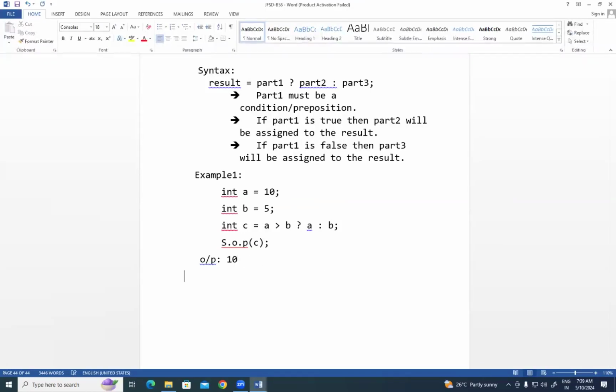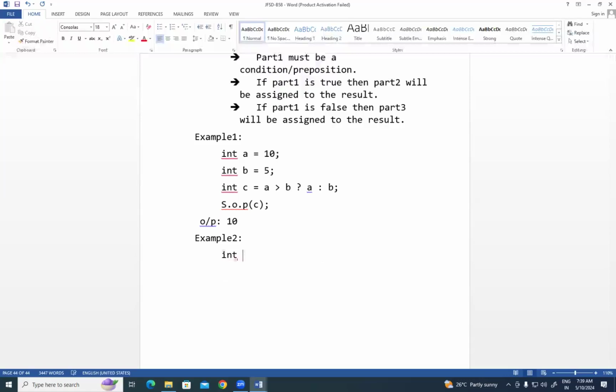Example 2. Let's say I have int A equals to 5, B equals to 10, C equals to 8.